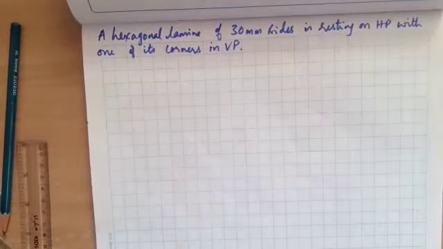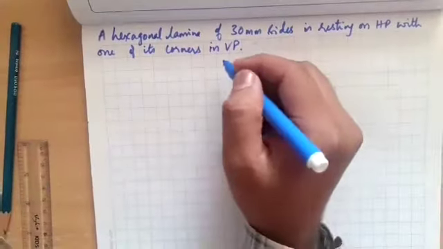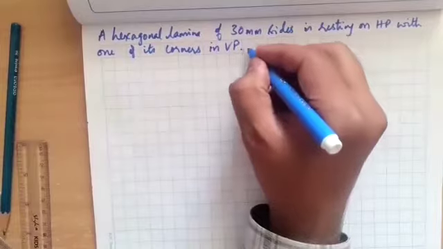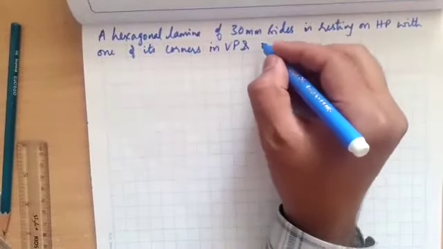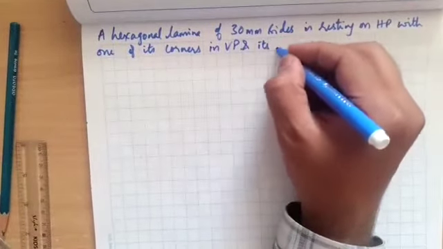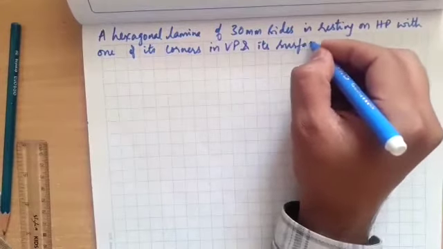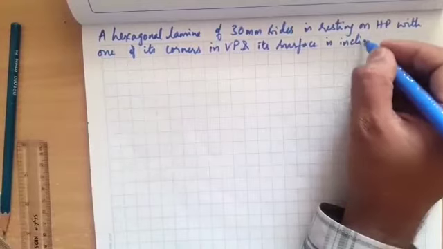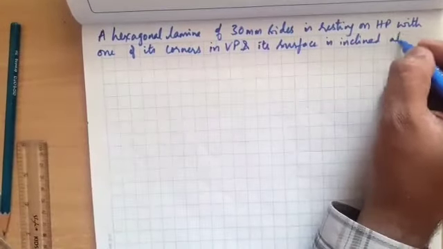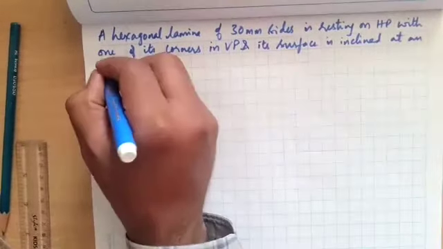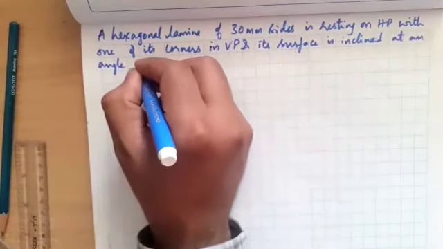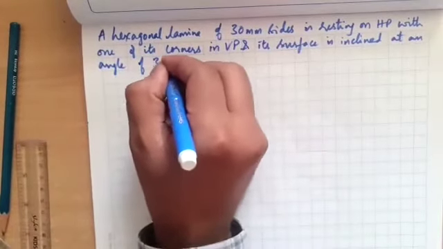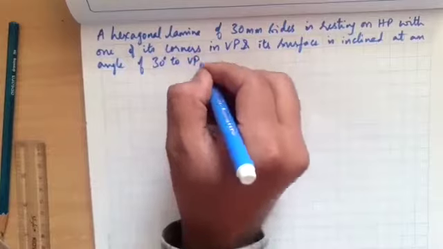Statements may be tricky, but we need to think what is the condition properly and then solve the problem. And its surface is inclined at an angle of 30 degree to VP.